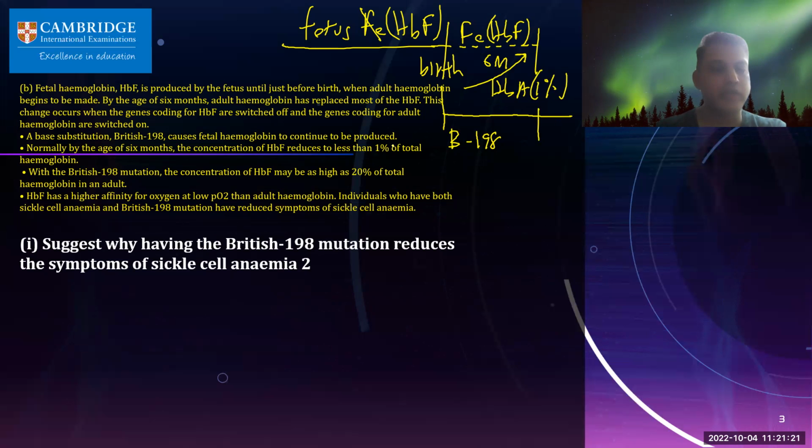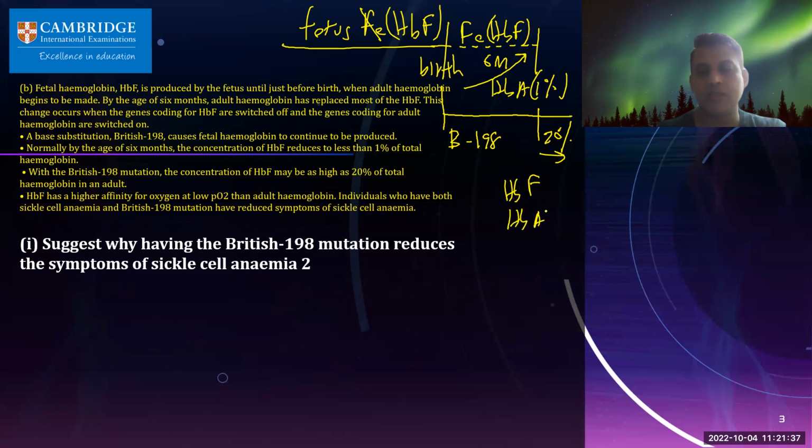But with the British 198 mutation, we can find 20% fetal hemoglobin in the adult. So this should be 80, this should be 20. Because of this mutation, the adult has a large amount, 20%, of fetal hemoglobin.